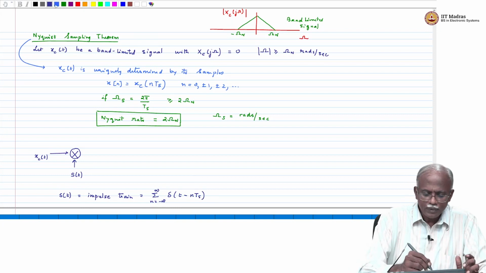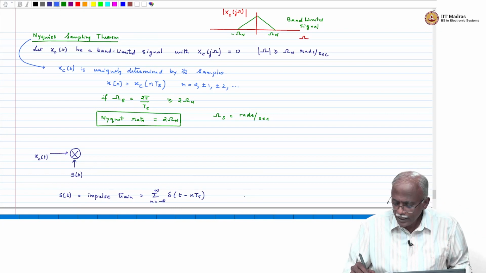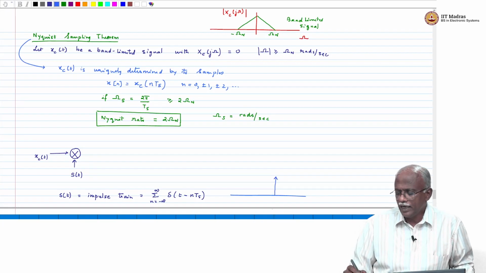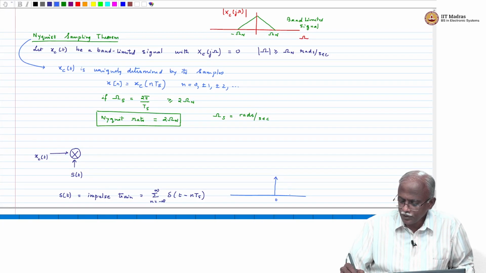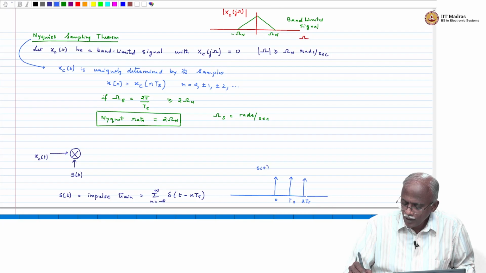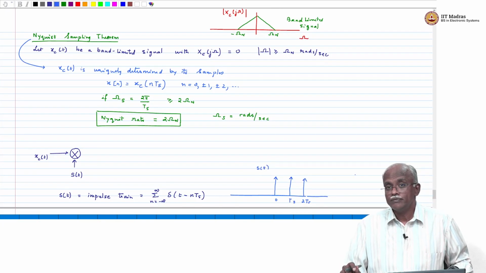Please sketch s of t for me. S of t has a Dirac delta, given by an arrow, at time t equal to 0. Then there is another Dirac delta function at Ts, another one at 2Ts, and so on. This is the sketch of s of t. What is the height of the arrow?